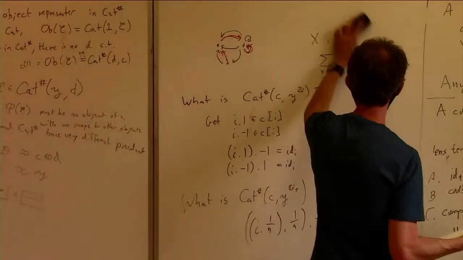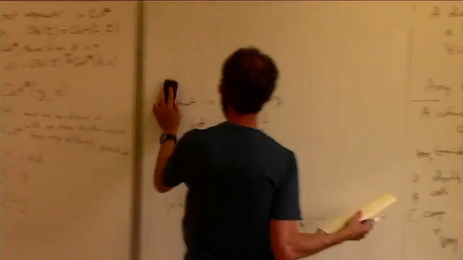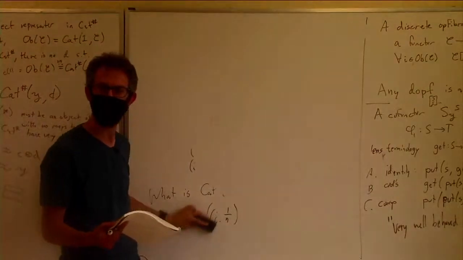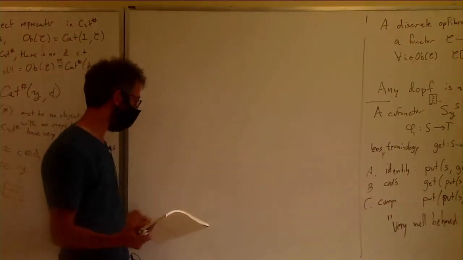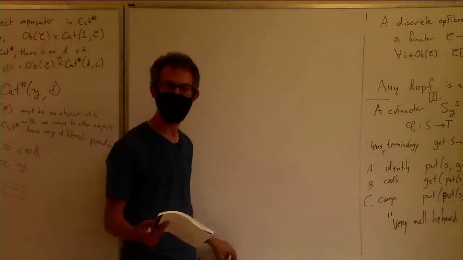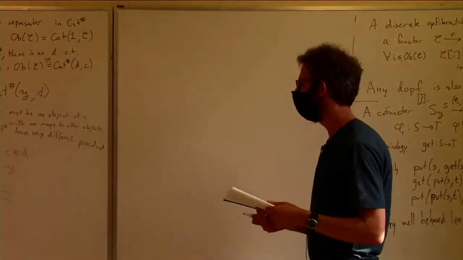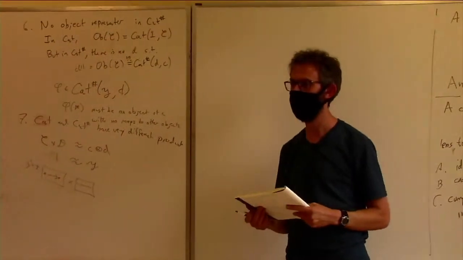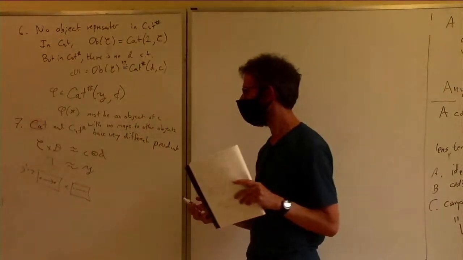That's what Nelson will talk about next time. I don't know whether Cat sharp is Cartesian closed. Nelson, do you remember? I think you proved it wasn't Cartesian closed. And I don't know if it's monoidal closed with respect to this or not. So there are some open questions there.